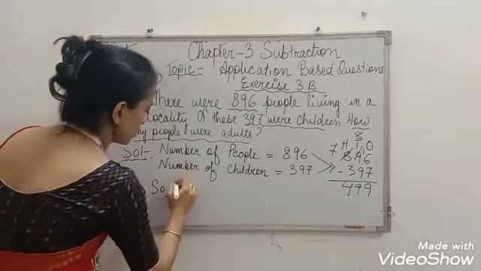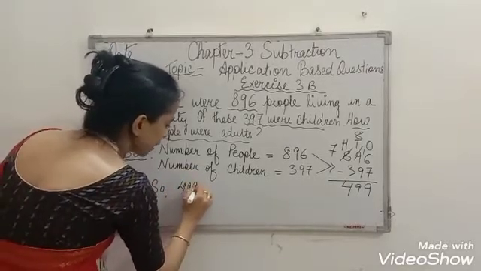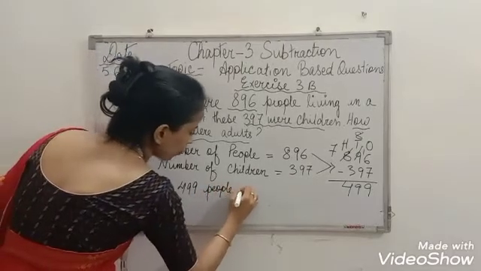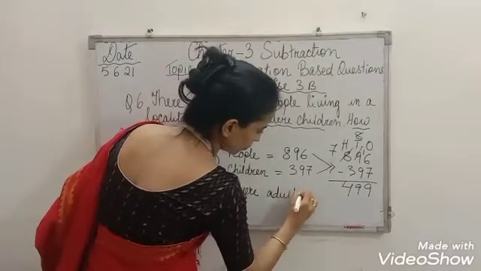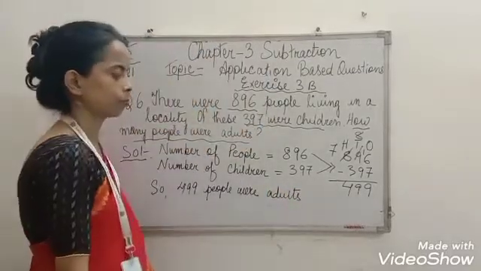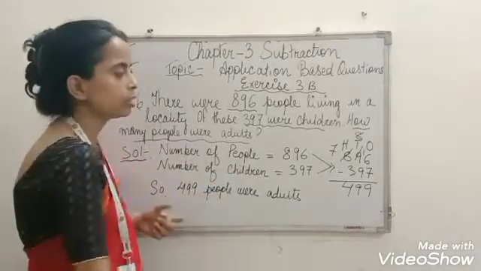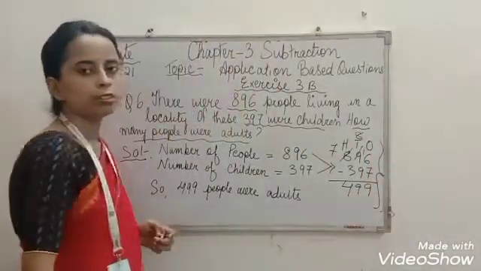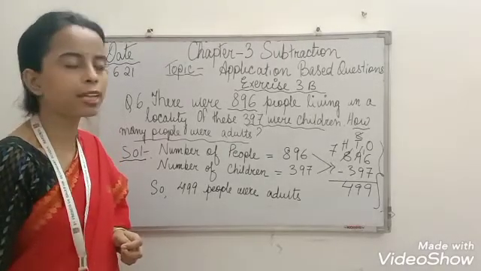So, 499 people were adults. Alright? The statement you can write on your own. Just see this process. This is regrouping subtraction of 3-digit numbers. Yes?